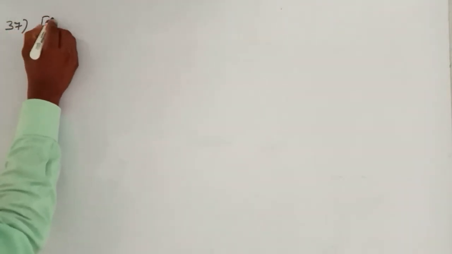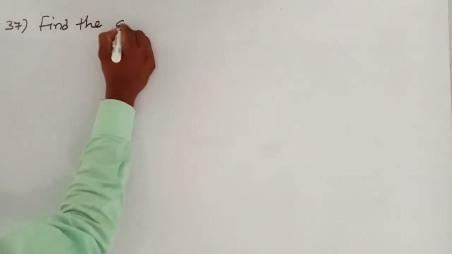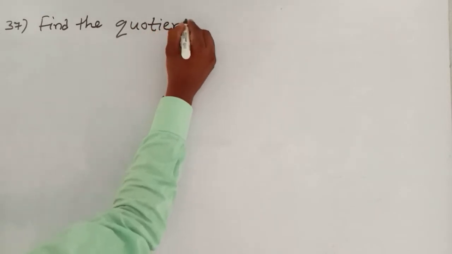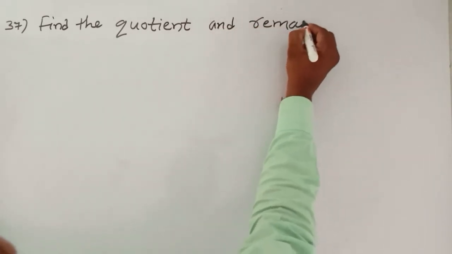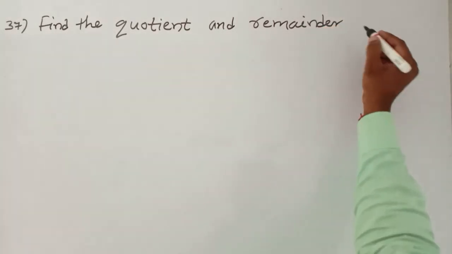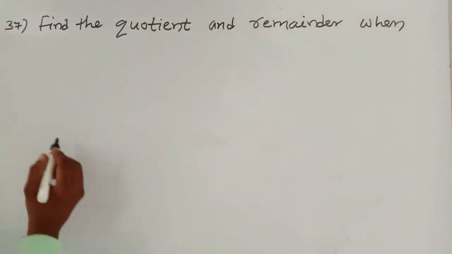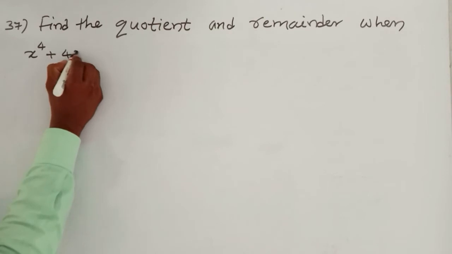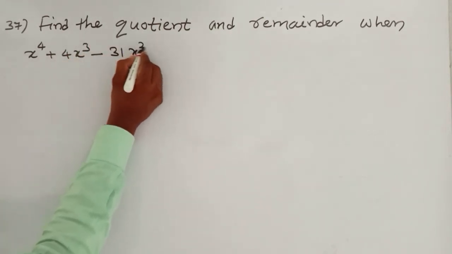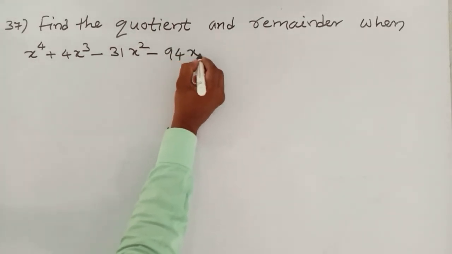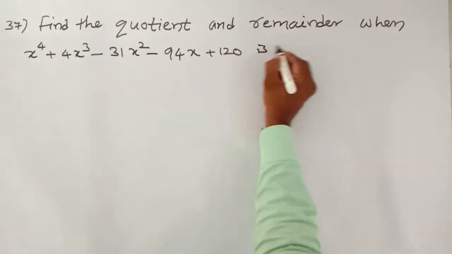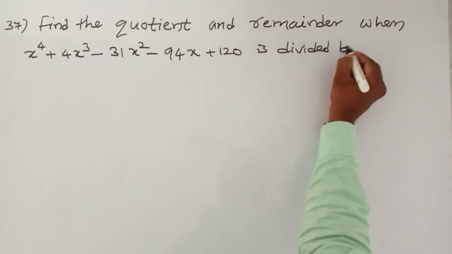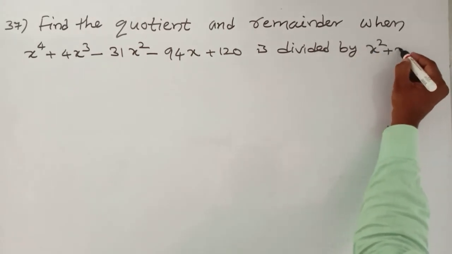Next, question 37. Find the quotient and remainder when x to the power of 4 plus 4x cube minus 31x square minus 94x plus 120 is divided by x square plus 3x minus 4.